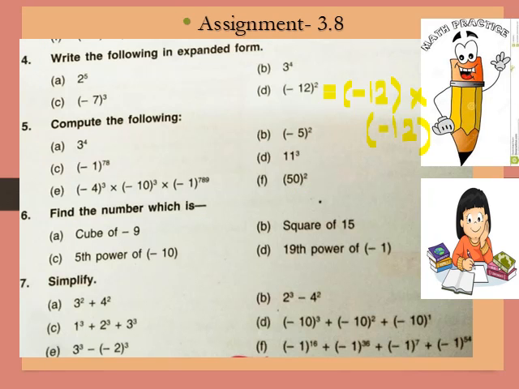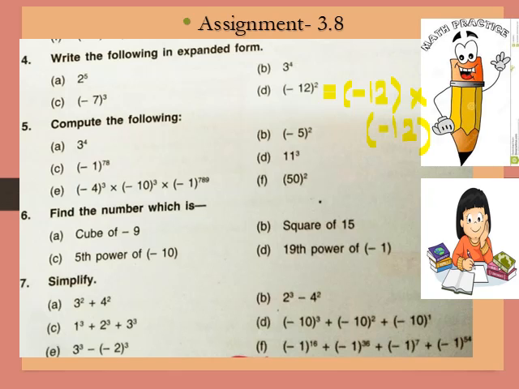Now you have to write this in the expanded form. You are aware how to write it in the expanded form. Okay. So here, minus 12 is how many times? Minus 12 is 2 times.